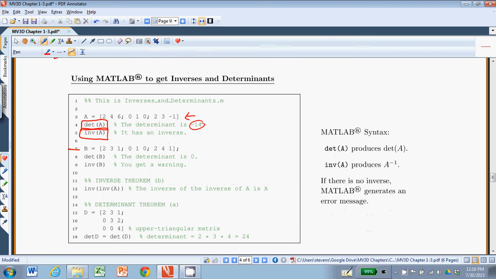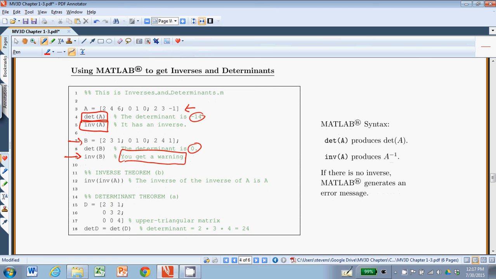If you take this matrix B and get its determinant, it has a determinant of 0. Remember, if the determinant is 0, there is no inverse, but that doesn't prevent you from trying to find it. If you do inv(B), you will get a warning. And then the inverse theorems.